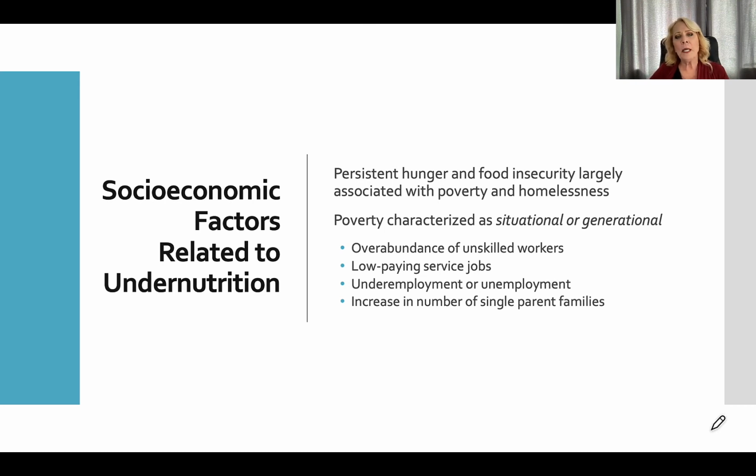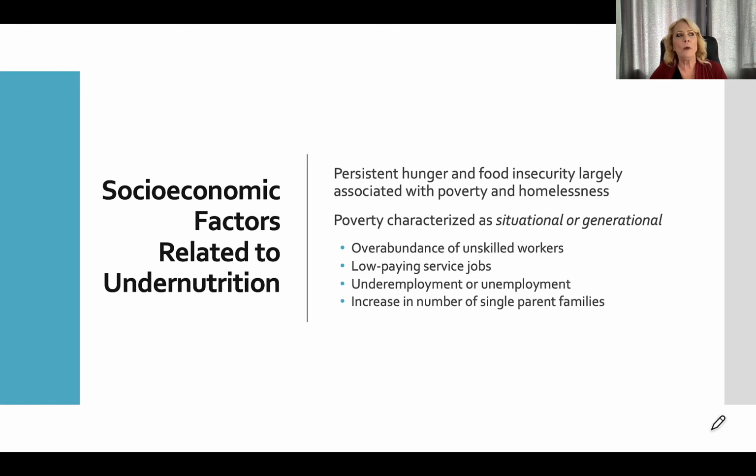Poverty is characterized as situational or generational. This means someone might be living in poverty right now just because, well, I lost my job, and so I have this hopefully short-term issue. That's situational. Or you have generations of people living in poverty, perhaps because families don't know how to get out of it. They don't have the education they need, they're unskilled workers being paid a very low wage.